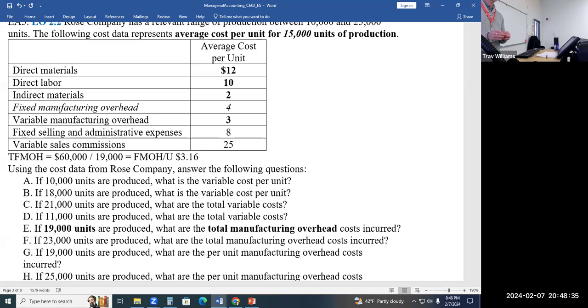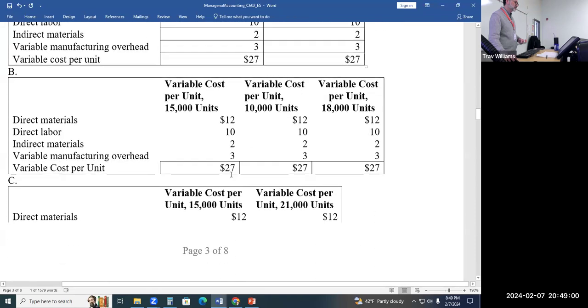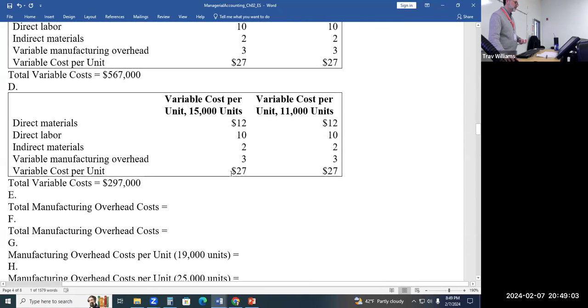So now how do we get there? From the fixed manufacturing overhead per unit, how do we get to the total manufacturing overhead per unit? We're missing the variable part, right? So now we just add that $3 variable manufacturing overhead to the fixed manufacturing overhead per unit. And we get our answer, $6.16.